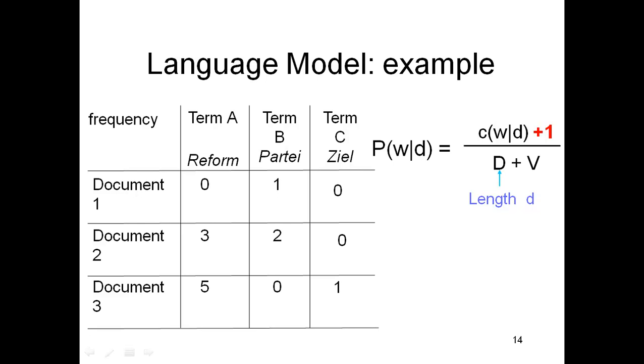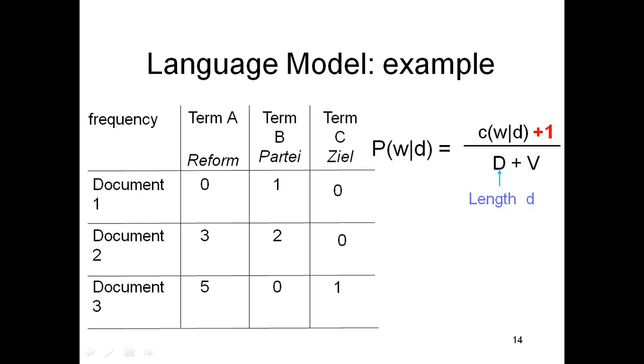For example, in a very small toy example again, 3 documents, 3 terms. We have the counts here, the word counts. Now you could calculate weights according to whatever formula we have learned so far: IDF, TF, and so forth. We know that. Now how does the language model calculate the weight?